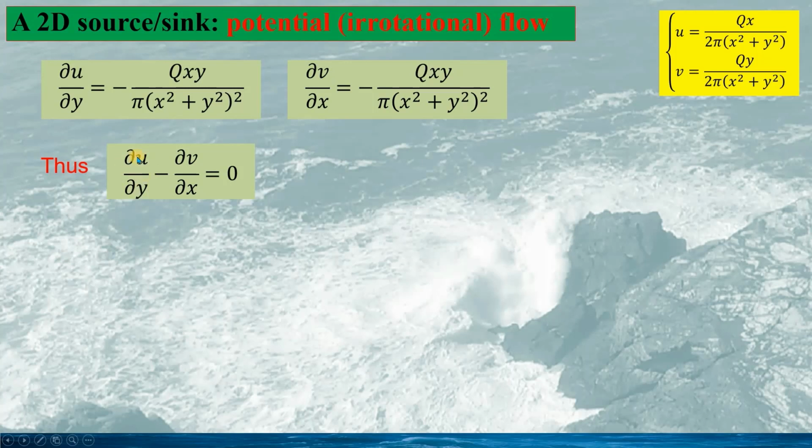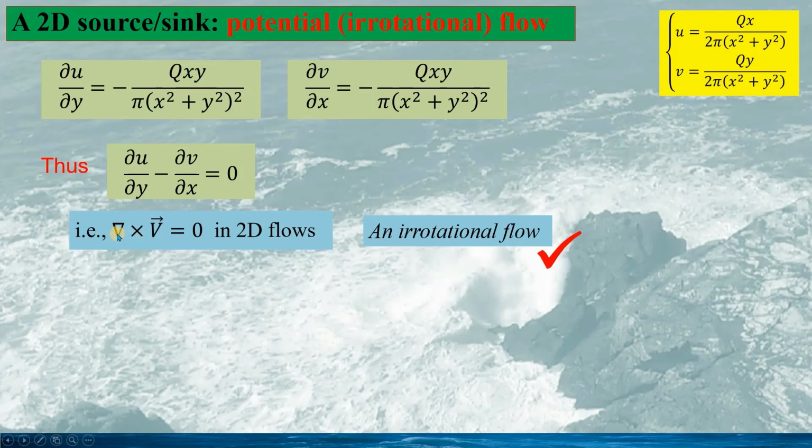So if we put this term minus this term, you can see these are the same, so the expression would be 0. This corresponds to the curl of the velocity vector being 0 in 2D flow. Therefore, the flow from a source is an irrotational flow.